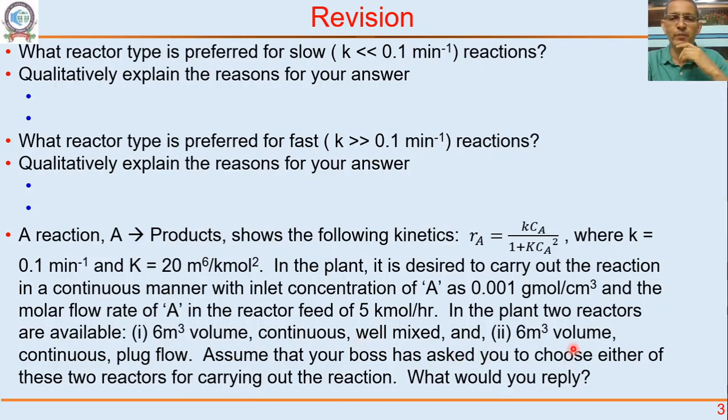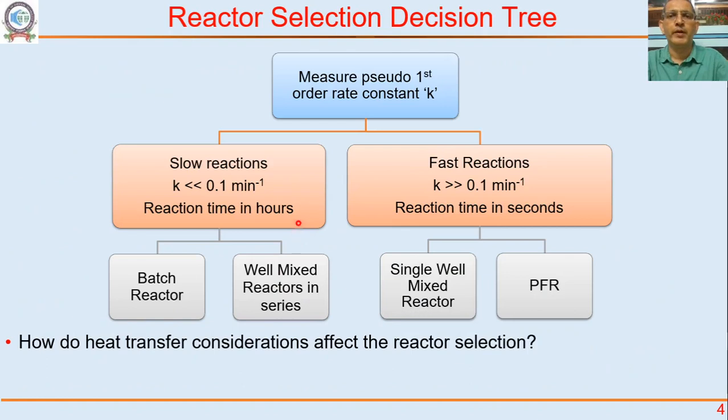Assume that your boss has asked you to choose either of these two reactors for carrying out the reaction, and what would be your reply? So solve this problem, and it will be a sort of revision of what we have done. Okay, so this is where we had stopped our previous lecture.